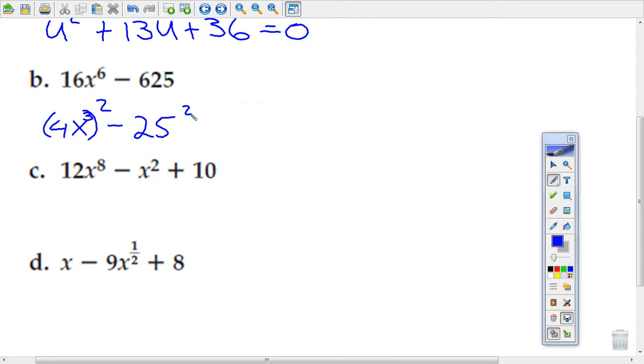This is still x cubed squared. What I did here is I just made u equal x cubed. So I could write this as 4u squared minus 25 squared. Or you can leave it as 4x cubed all squared. It really doesn't matter when it's an expression. It's going to matter more when it's an equation that we can actually solve.